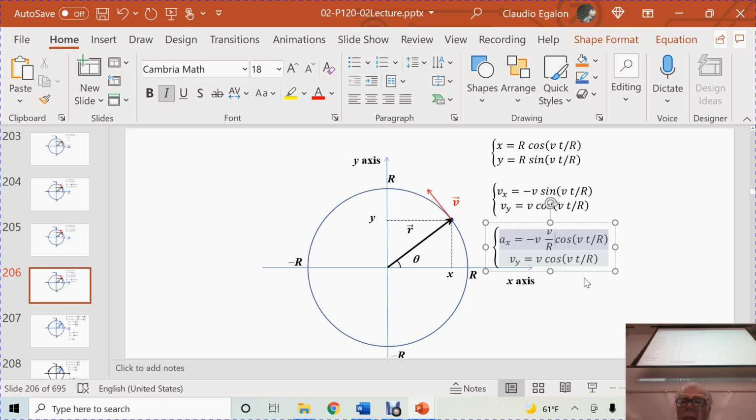Am I missing anything else? No, right? And now we are going to differentiate the y component. The cosine becomes minus sine. Oops, I put z here. And then we differentiate the argument. We are left with v over r.